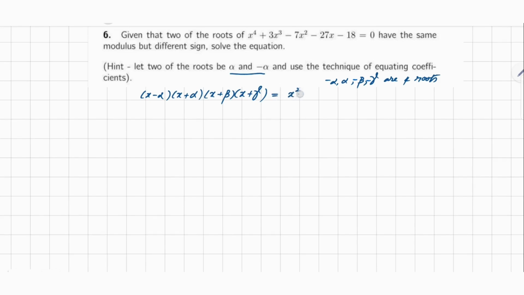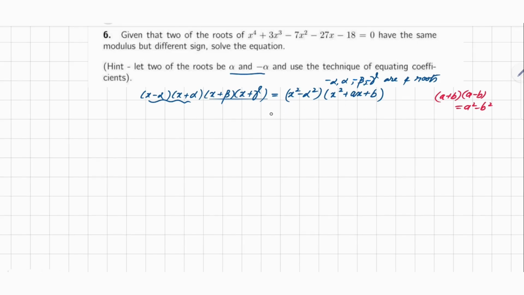This gives us x squared minus alpha squared from these two, using a plus b times a minus b equals a squared minus b squared. We can write this in a simplified form as x squared minus alpha squared times x squared plus ax plus b.